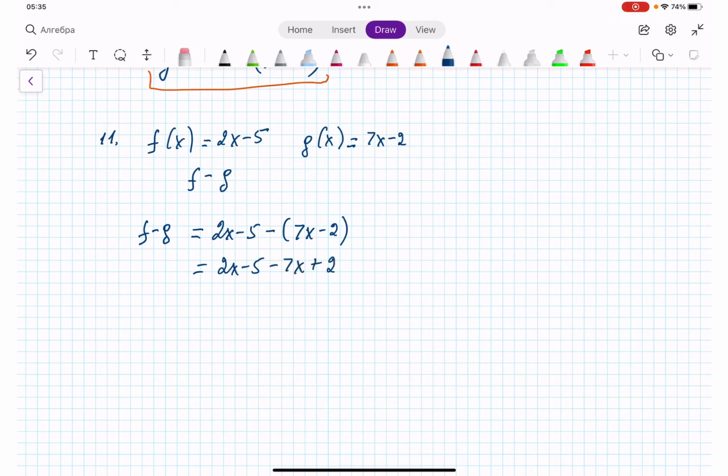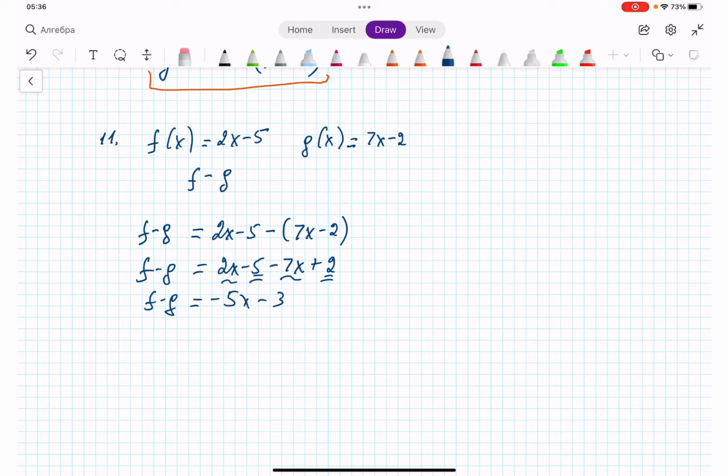The negative sign, we flip. So like terms, 2x and negative 7x, and we are getting negative 5x, and negative 5 plus 2 is minus 3 or negative 3, doesn't matter how you read it. Okay, this is what we have.